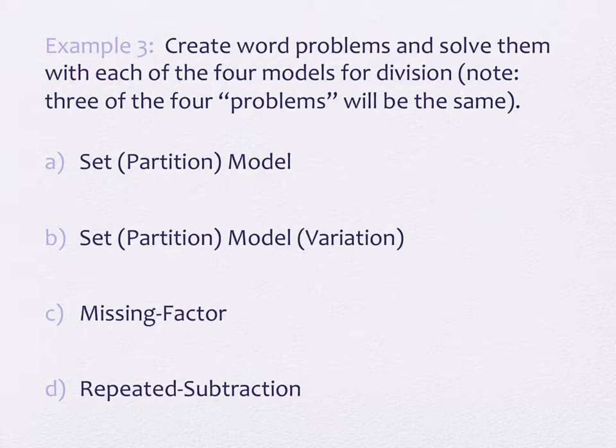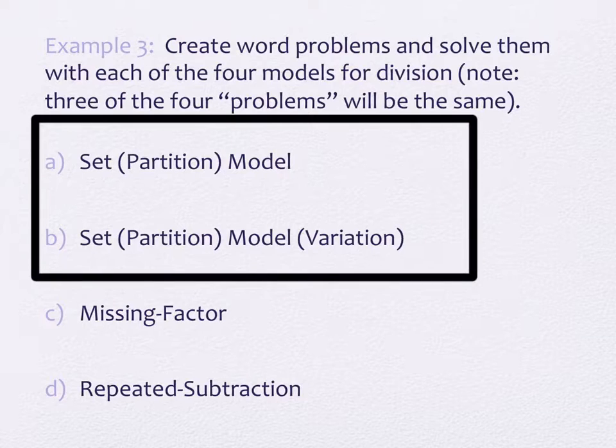Note, 3 of your 4 problems will be the same. So what you're really going to do is create these 2 variations of each other. One where you're doing something to divide it up and you're determining the size of the groups, and the other one where you're dividing it up and determining how many groups there are.